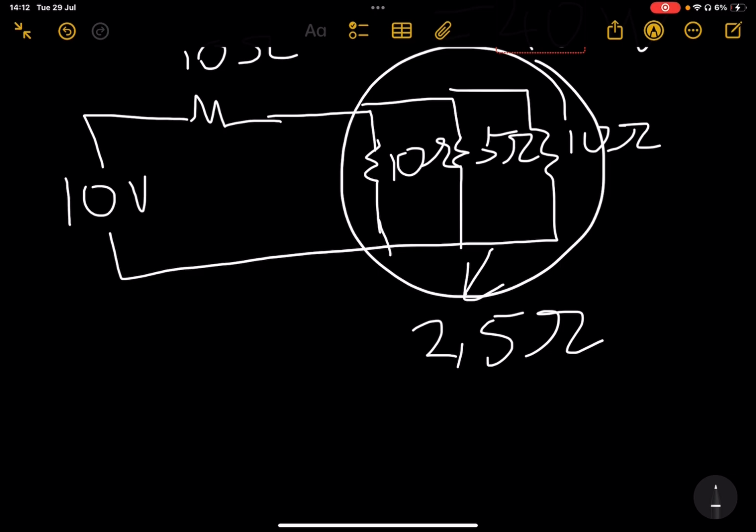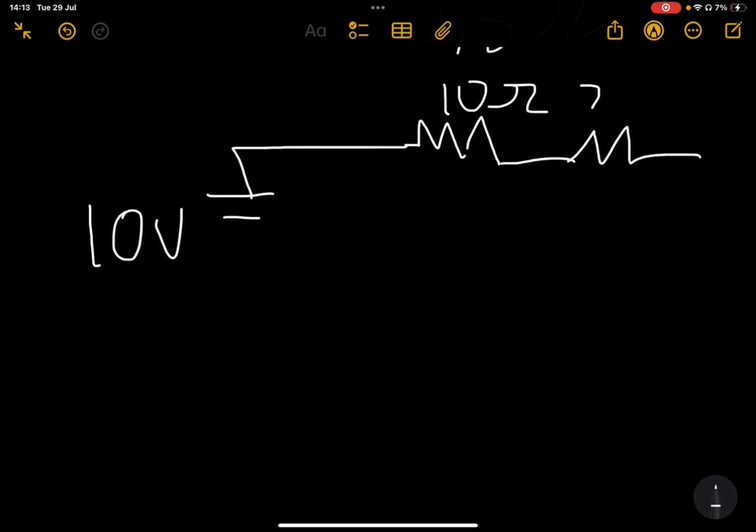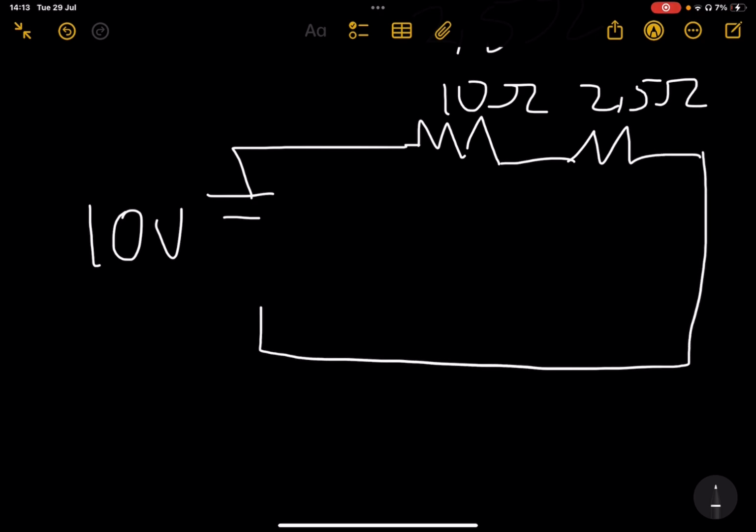All right, so what does that do to the total current of the circuit? Essentially what the source will see is the series resistor, which we've claimed to be 10 ohms, in series with a 2.5 ohm resistor, right? This is what your circuit will essentially simplify to.